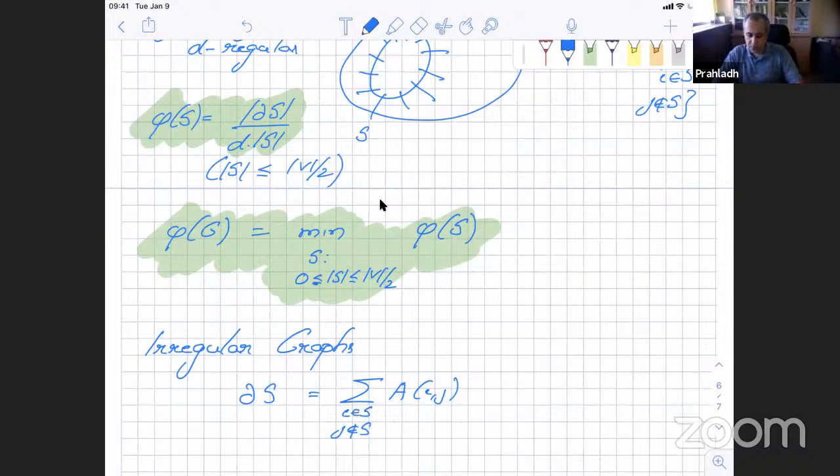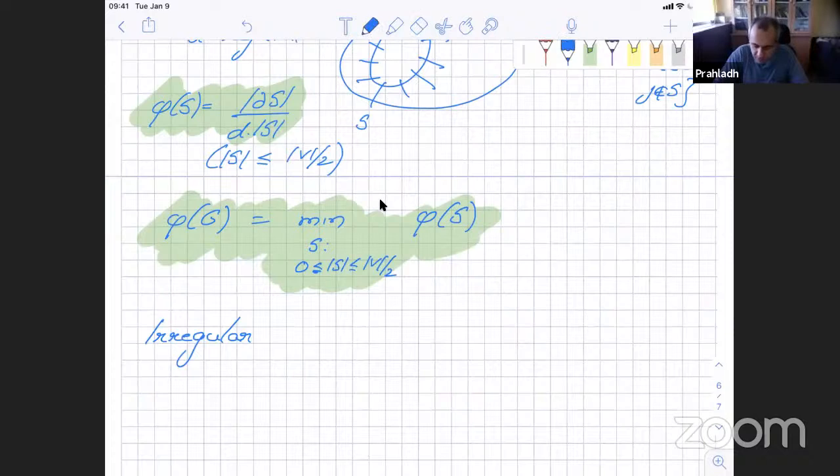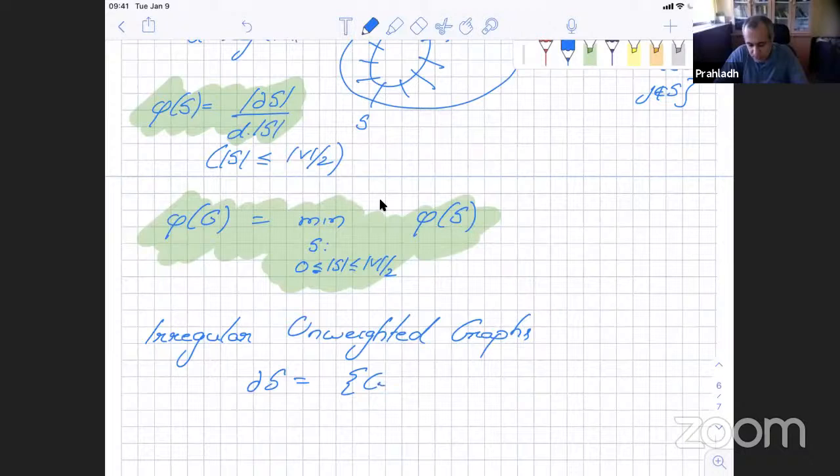It's the same notion. So actually, irregular, let's do it in steps. Let's do it first for irregular unweighted graphs and then eventually extend it all the way to weighted graphs also. Irregular unweighted graphs. Dou S will mean the same thing as before. Dou S is the set of all ij, i in S, j not in S.